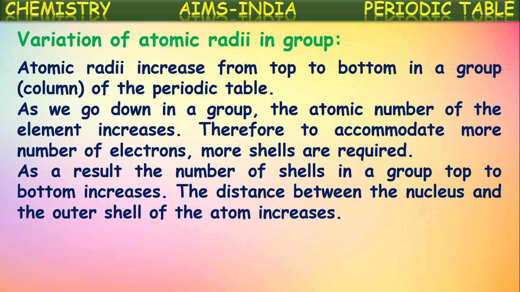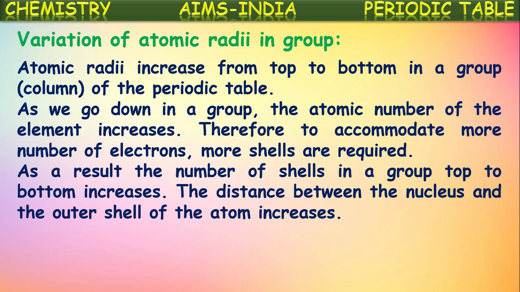required. As a result, the number of shells in a group from top to bottom increases. From element to element, a new additional shell will exist. Number of shells increases from top to bottom to accommodate more electrons, and hence the distance between the nucleus and the outermost shell of the atom increases.